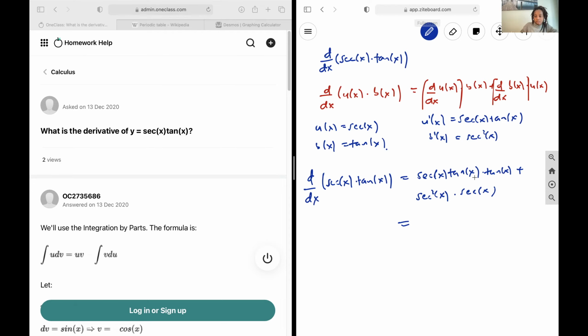If we simplify that, it becomes secant x tan squared x plus secant cubed x. Then we can pull out one of those secant x's, giving secant x times tan squared x plus secant squared x. And that's it for this one.